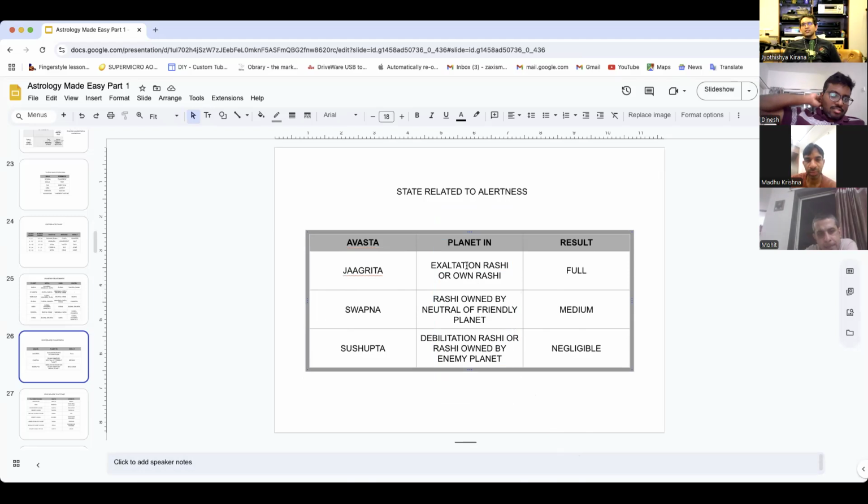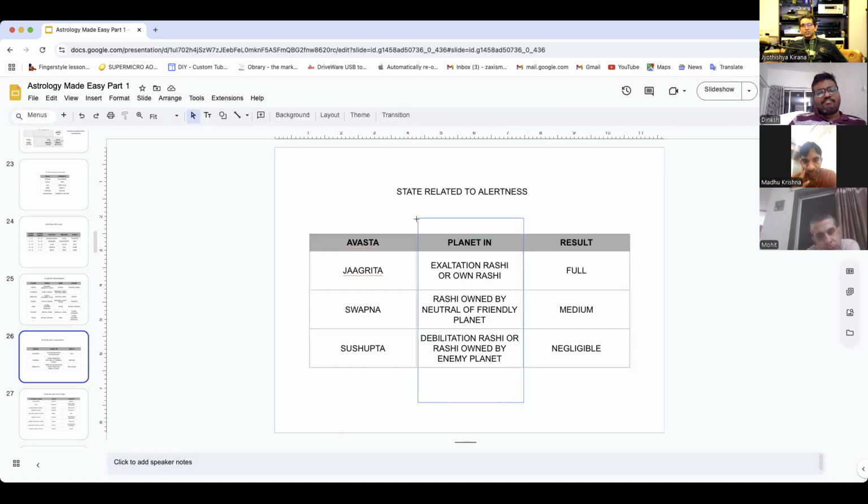Jagrata Avastha is in Ucha and own house. Swapna Avastha is in a Rashi owned by a neutral or friendly planet. And Sushupta Avastha is the opposite of it. So it can never happen that a graha is in Sushupta Avastha but in exaltation. So that is negated.